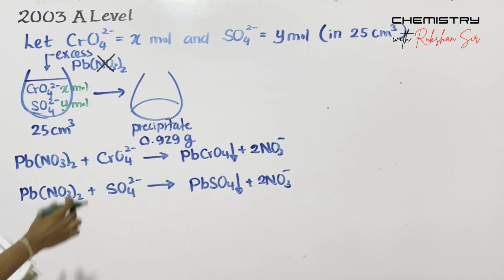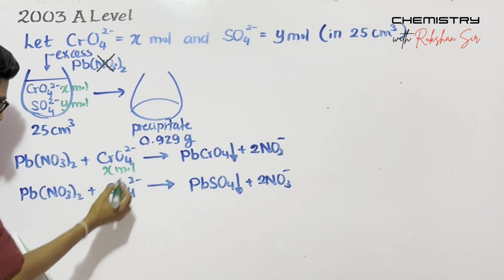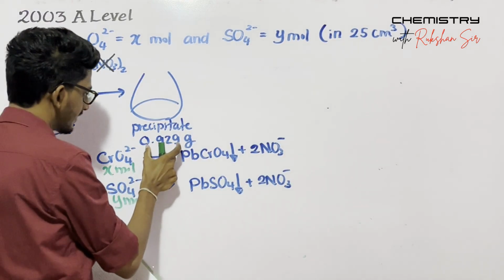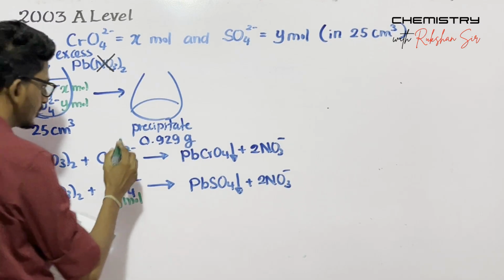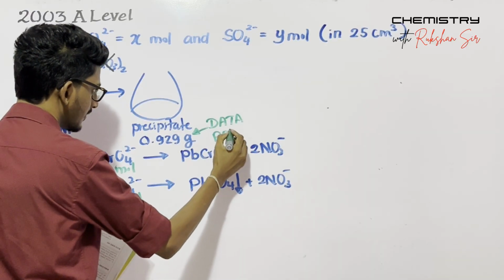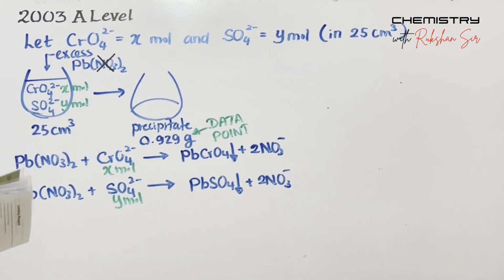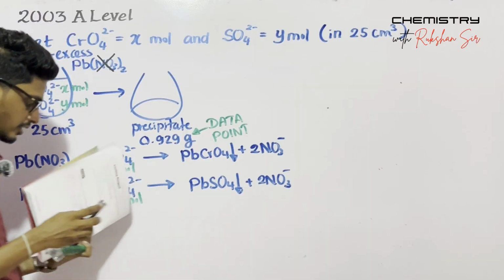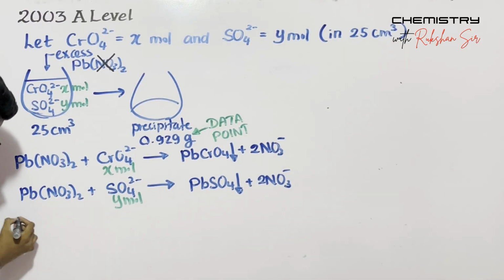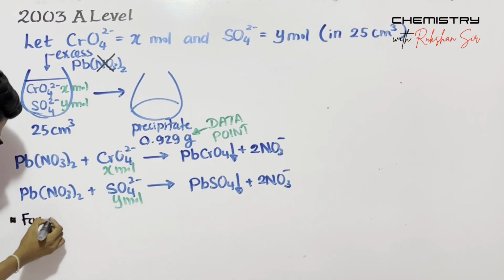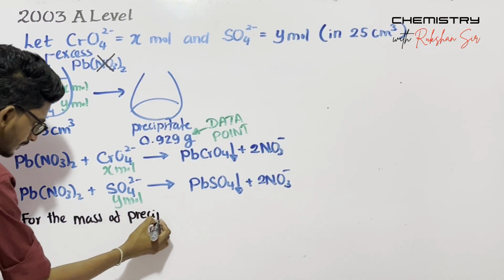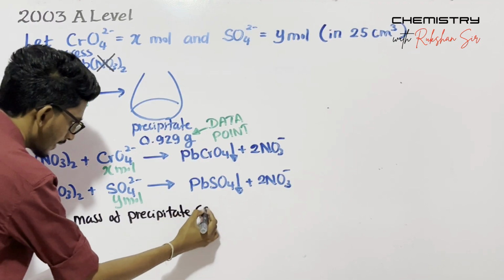So here you are with X moles, here you are with Y moles. The data point is provided as grams of the precipitate. So we need to come up with a simultaneous equation for the mass of the precipitate, in grams.